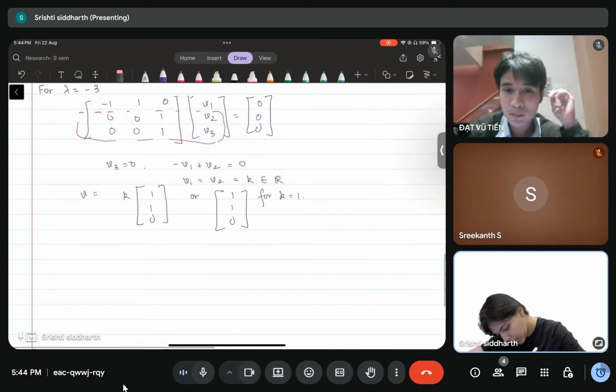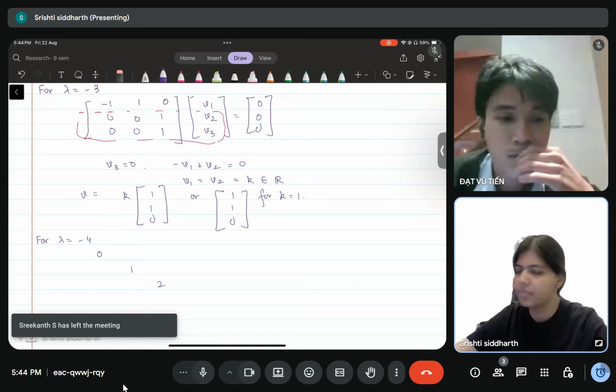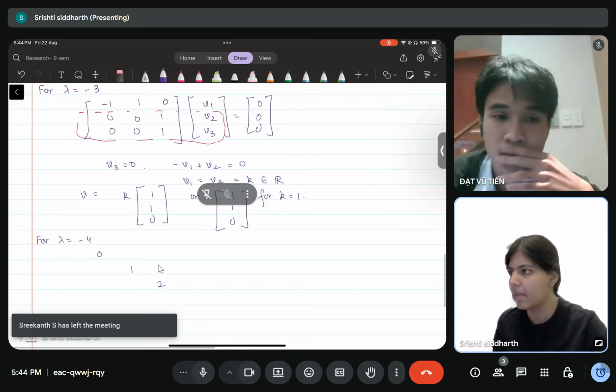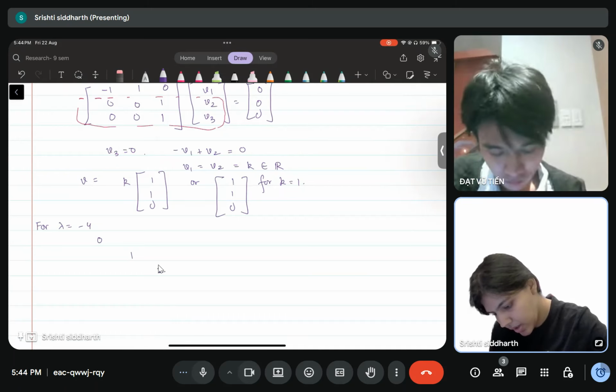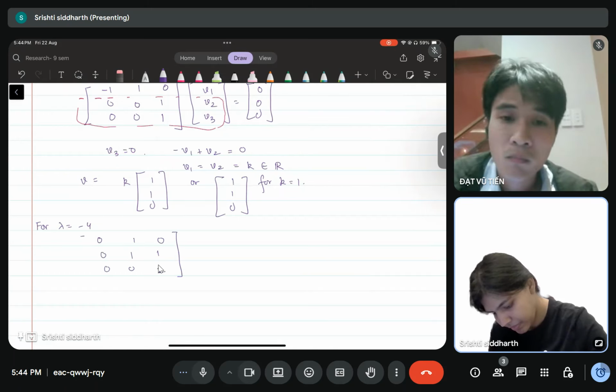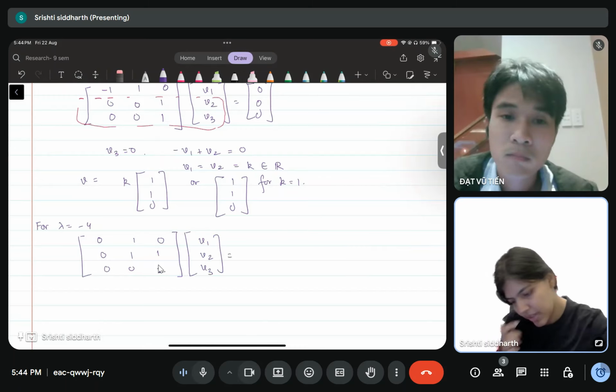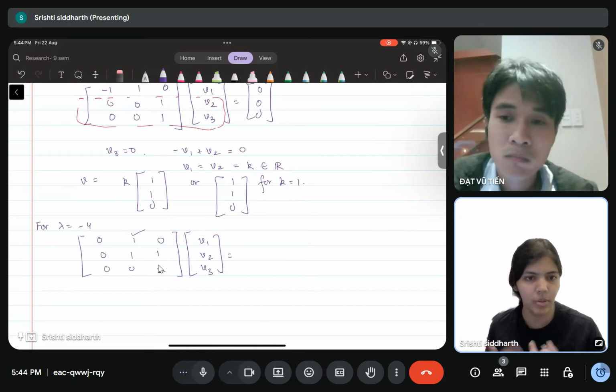Last case is lambda equals minus 4. So that case is 0, 1, and 2, 0, 0, 1, 0, 0, times v1, v2, v3. So in this case, you can just easily observe that we'll have to assume a value of v1, because we don't have it.